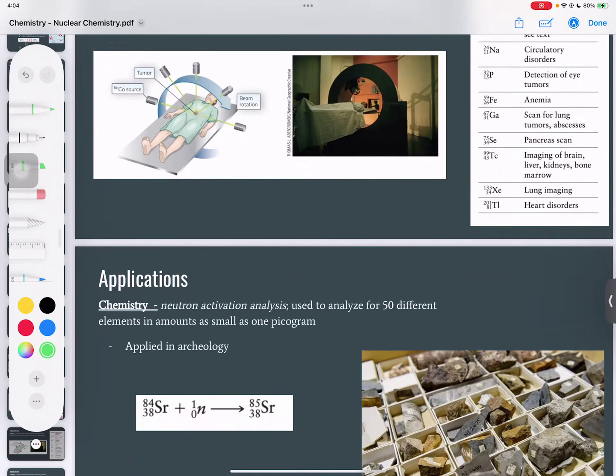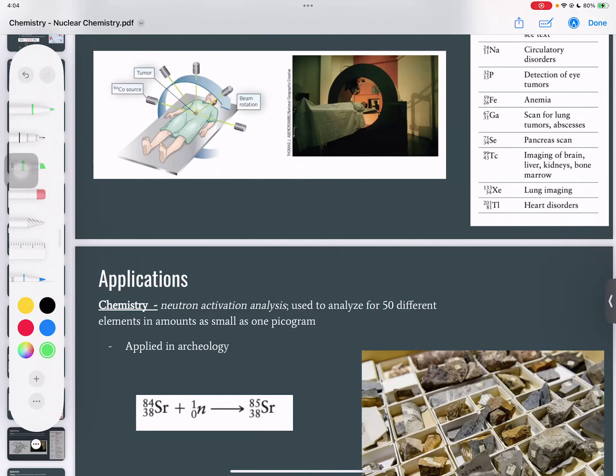For example, if a patient is suffering from thyroid cancer, they would drink a solution of sodium iodide, or NaI, containing radioactive iodide ions. The iodine moves preferentially to the thyroid gland, and the radiation from those iodide ions would destroy the malignant cells without affecting the rest of the body.